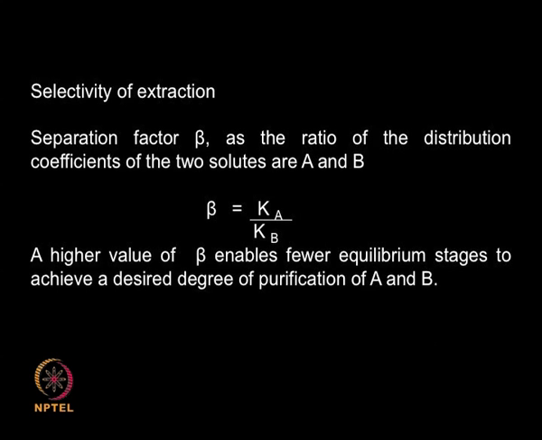I may have Ka, Kb, Kc, Kd and so on. So many of these metabolites may be getting extracted during the process, and I may have to look at Ka by Kb, Ka by Kc, Ka by Kd, Ka by Ke and so on, and look at the selectivity terms and decide on a suitable solvent. So that is again a very challenging task.